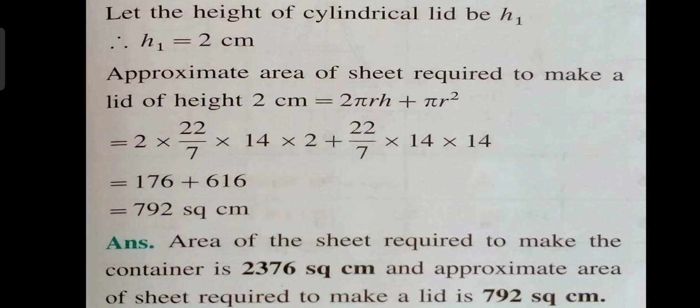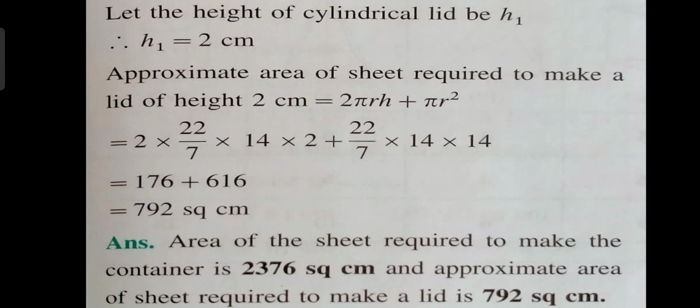Now students, here h1 we are taking because this is another height that we are going to consider. The previous height, that was 20 centimeter, from which we have already derived the answer. Now h1 is the height, which is 2 centimeter. So taking the height as 2 centimeter, the approximate area of the sheet is 2 pi r h1 plus pi r square.